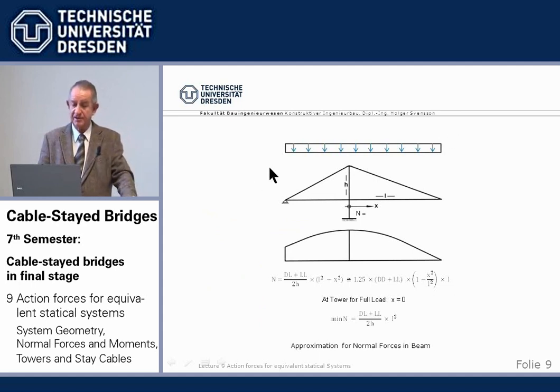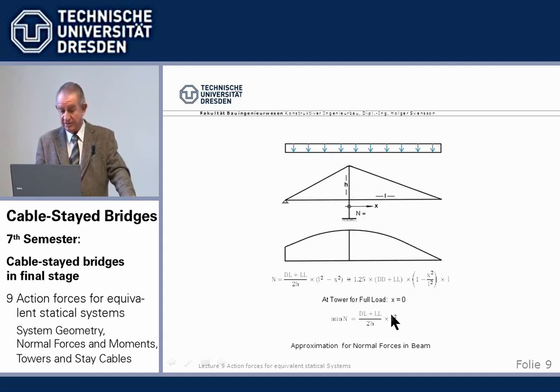We can summarize the thing if we have a continuous load, be it permanent load, be it uniformly distributed live load, and we assume that the stay cables are very closely spaced. We can say, okay, the normal force runs in the shape of a parabola, and at the tower we have a very simple formula.